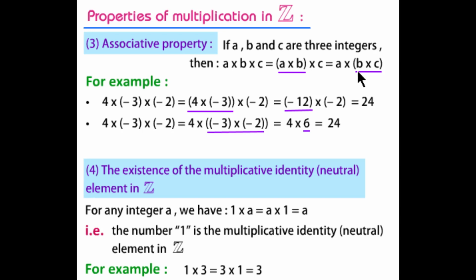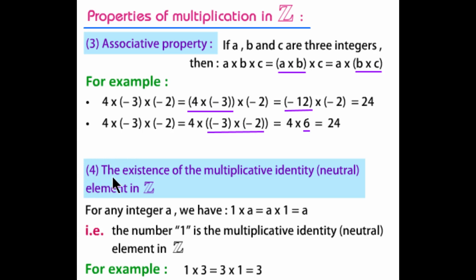For example, 4 times negative 3 times negative 2 equals (4 times negative 3) times negative 2. 4 times negative 3 equals negative 12. Negative 12 times negative 2 equals 24. Also, 4 times negative 3 times negative 2 equals 4 times (negative 3 times negative 2) equals 4 times 6 equals 24.